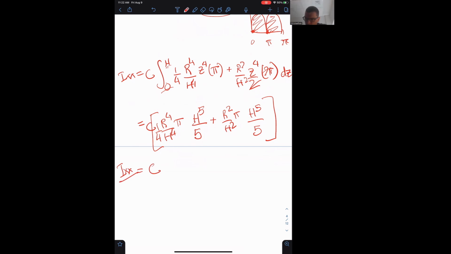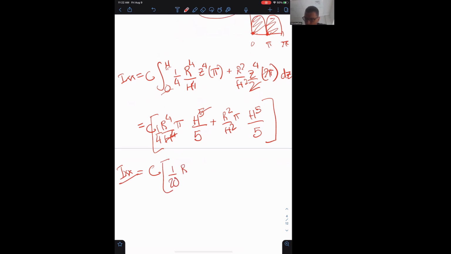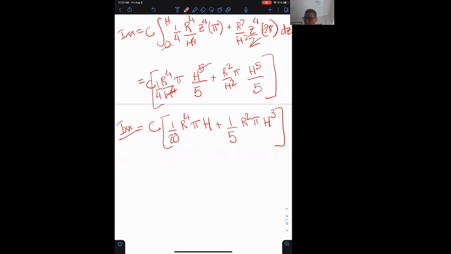We have 1/20th r to the fourth pi h plus 1/5 r squared pi h cubed. Okay, that looks right.